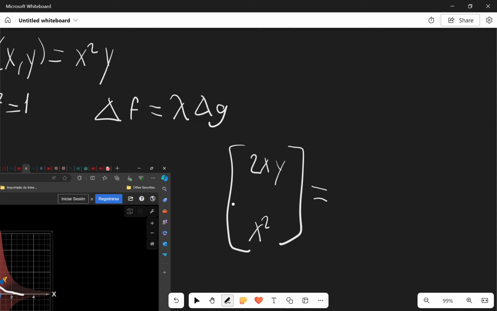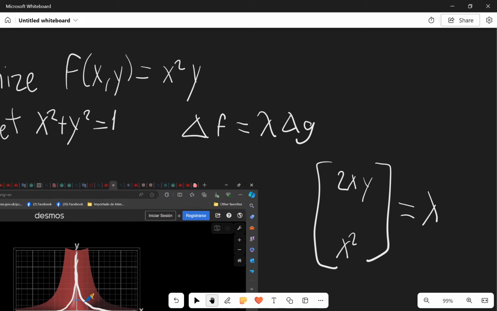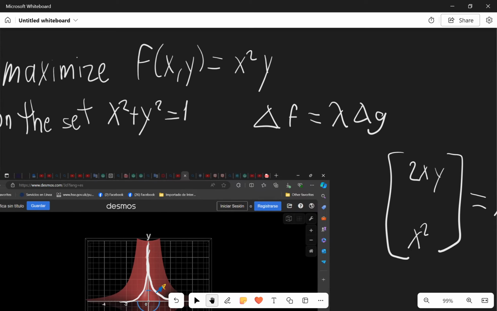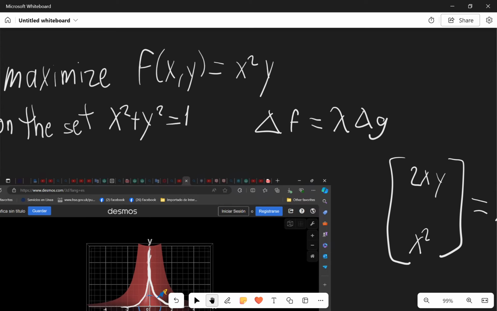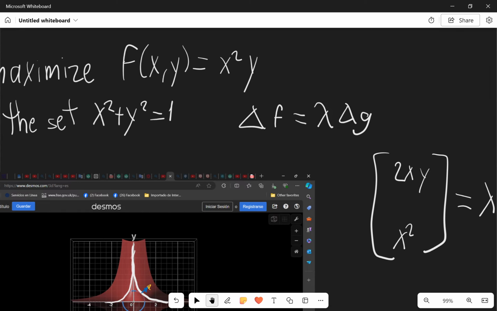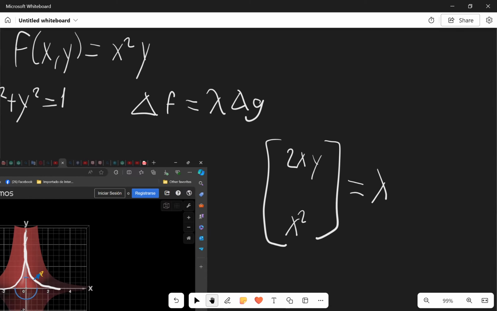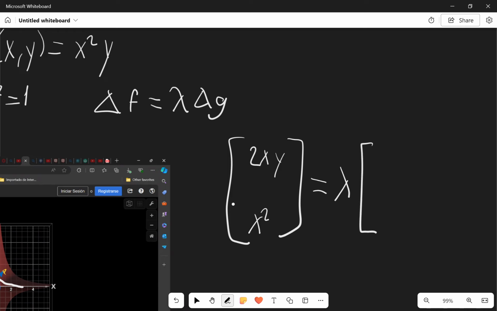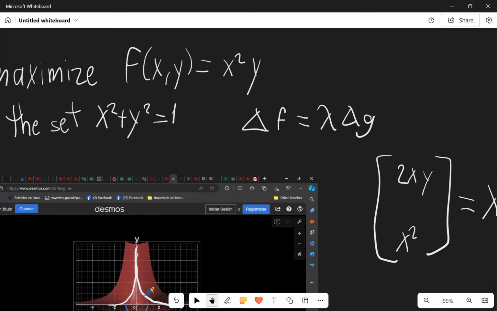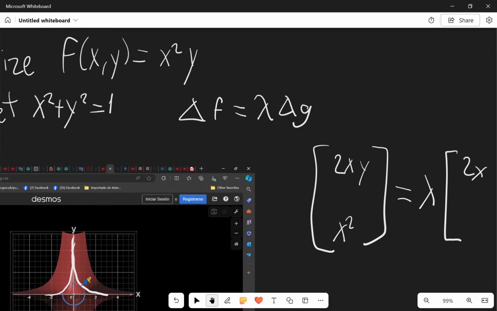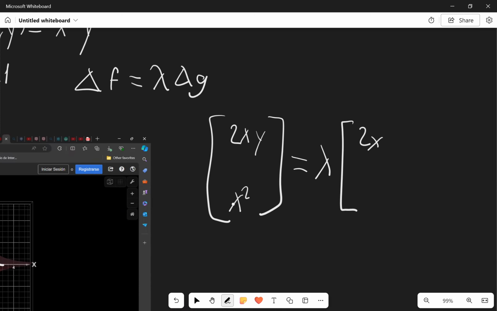We can set it equal to the Lagrange multiplier times the gradient of g, and we said that our constraint function, which is x squared plus y squared, is equal to 1. So for the x component it will be 2x, and the same with the y component, 2y.